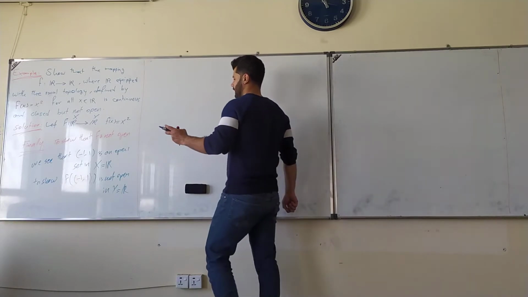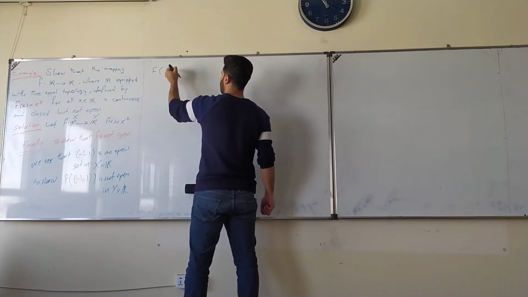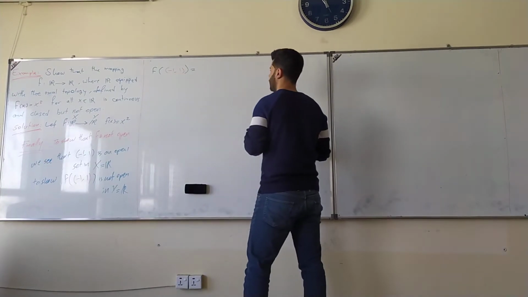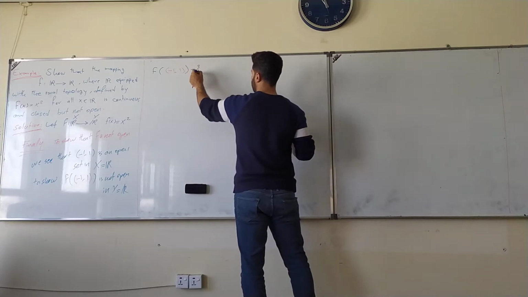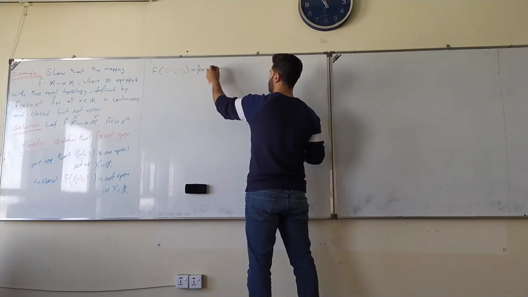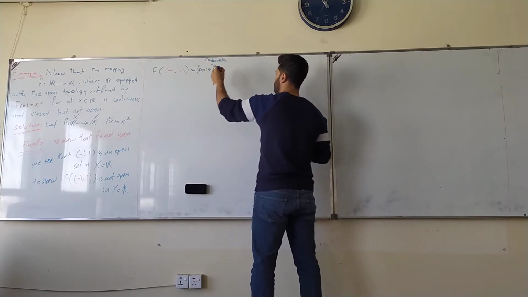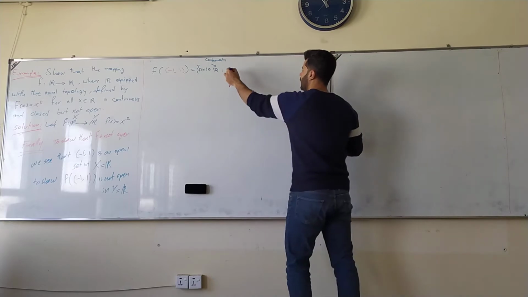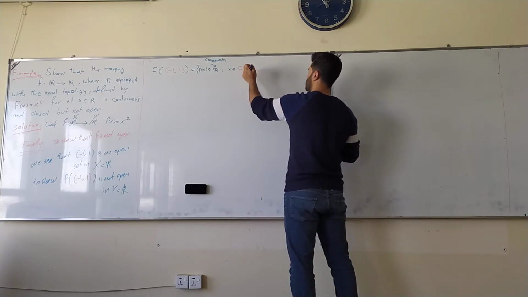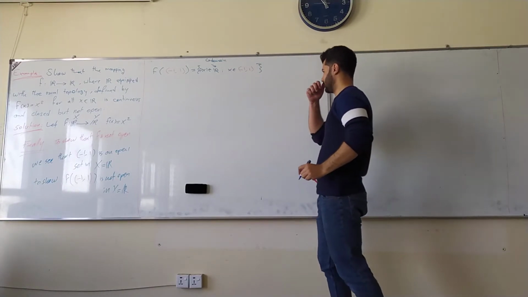So to find it, f of -1 to 1 equals, by the definition, all f of x belongs to R, this R is the codomain, such that x belongs to -1 to 1.